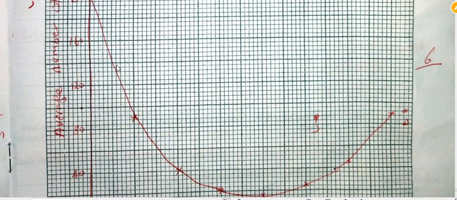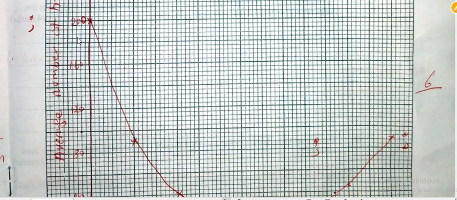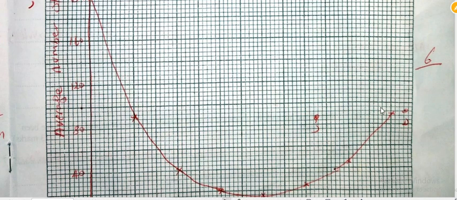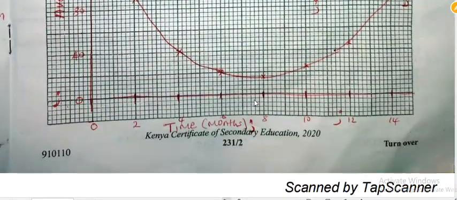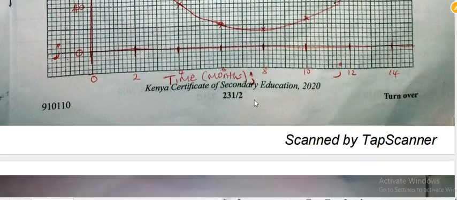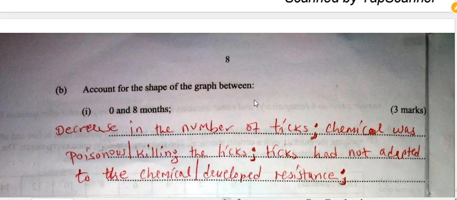Then when drawing the graph, you should use freehand, don't use a ruler. You plot those small x's, which will guide you in plotting a smooth graph in order for you to get the 6 marks given here. Let's look at the questions. Part B: account for the shape of the graph between 0 and 8 months.